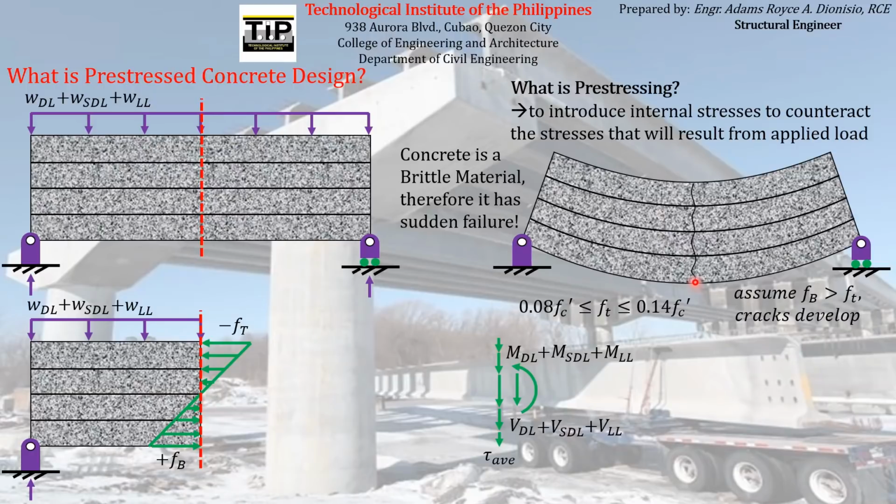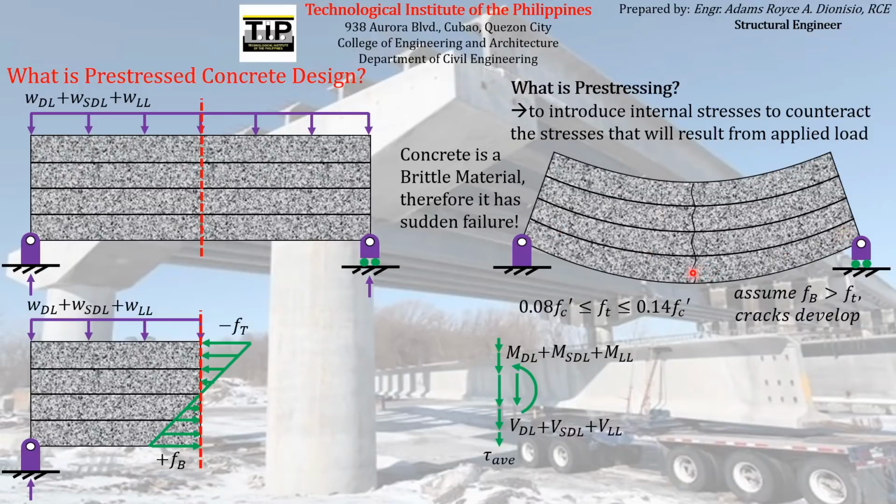As the cracks propagate to the upper portion of the concrete, when it reaches the location of the reinforcing steel, the tensile stresses being experienced by the concrete on that portion will be transferred from the concrete to the reinforcing steel.